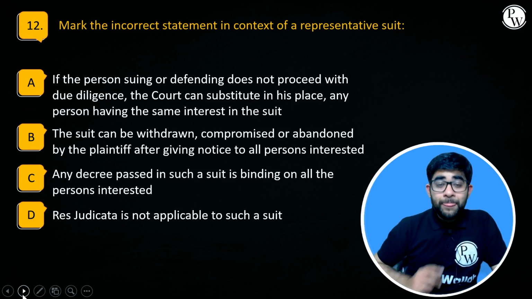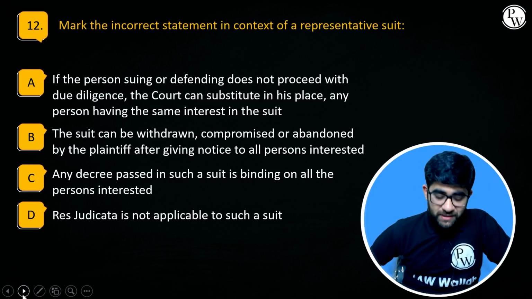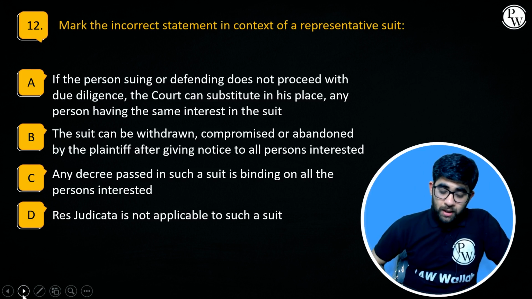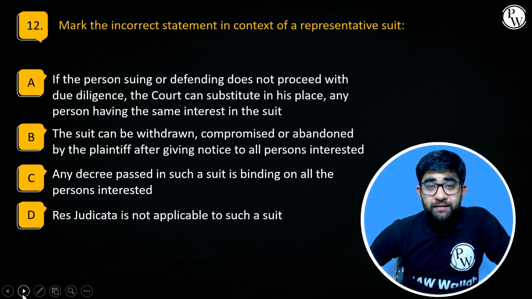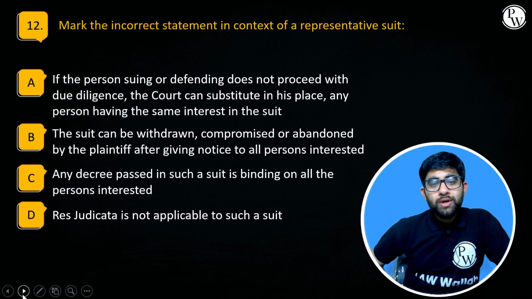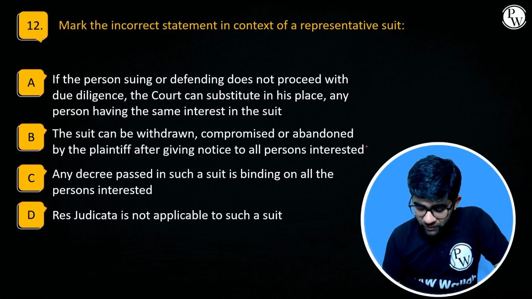Next, mark the incorrect statement in context of a representative suit. If the person suing or defending does not proceed with due diligence, the court can substitute in his place any person having the same interest in the suit. The suit can be withdrawn, compromised, or abandoned by the plaintiff after giving notice to all the persons interested.